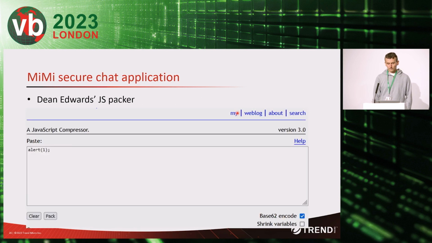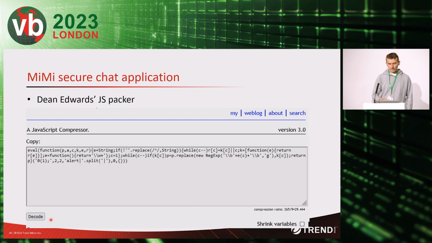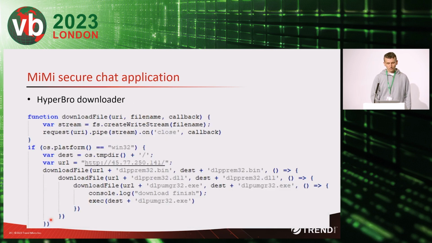This packer has an online tool, and it's very simple to use. Anyone can go online, paste some code which they want to obfuscate, click pack, and it gets packed. Now the code does the same function as the previous code, but it's more hidden, more obfuscated.